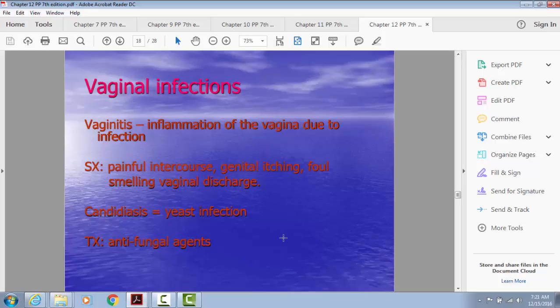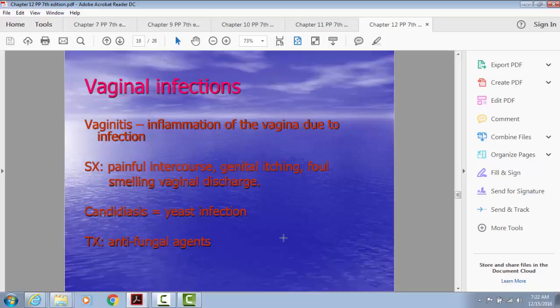And this is considered candidiasis, which is named for the yeast organism, Candida albicans. This is basically a fancy name for a yeast infection.